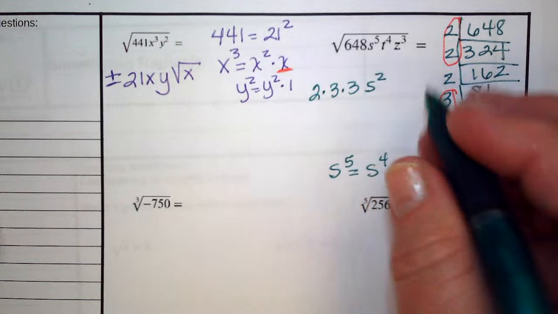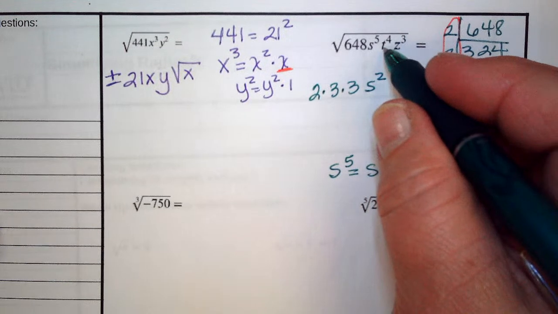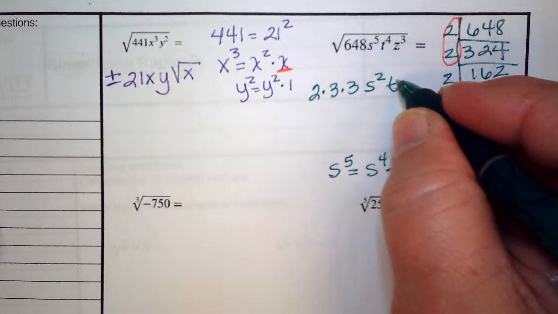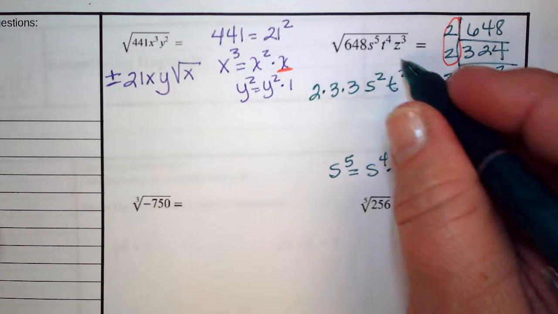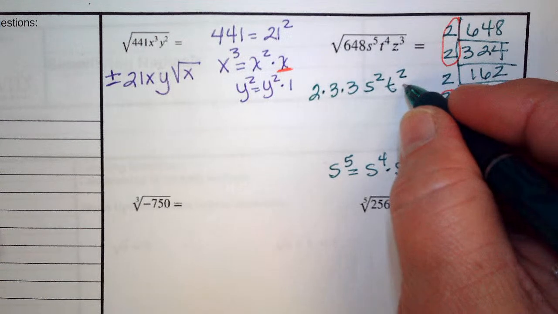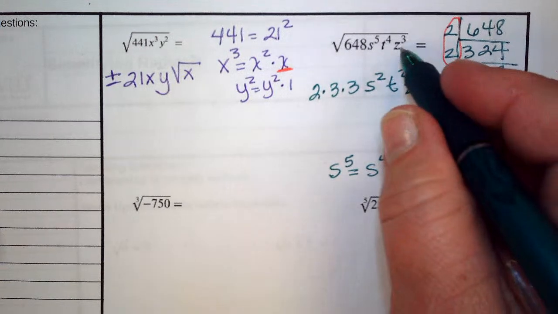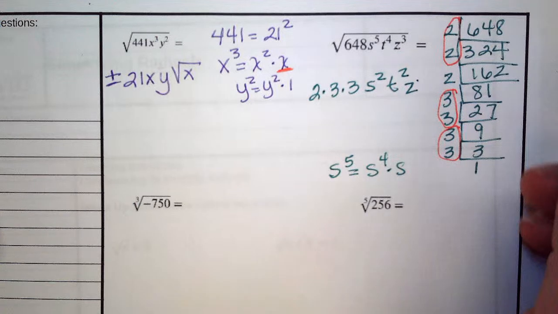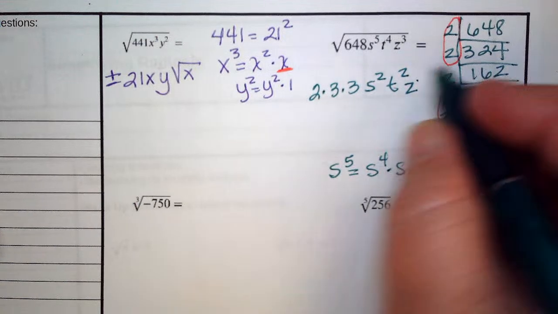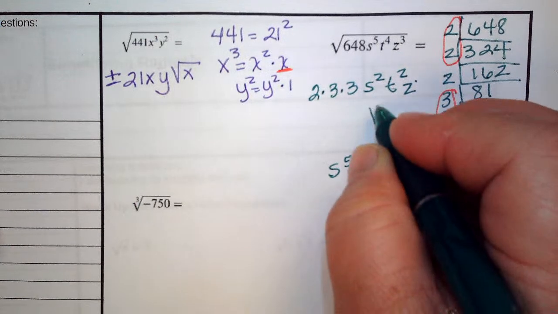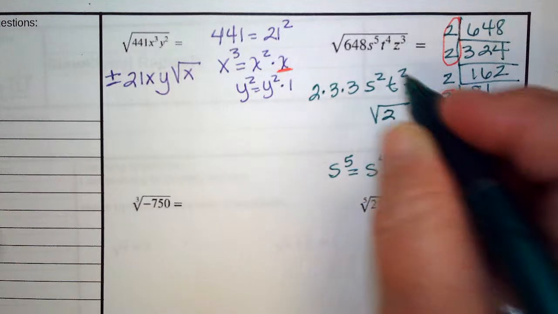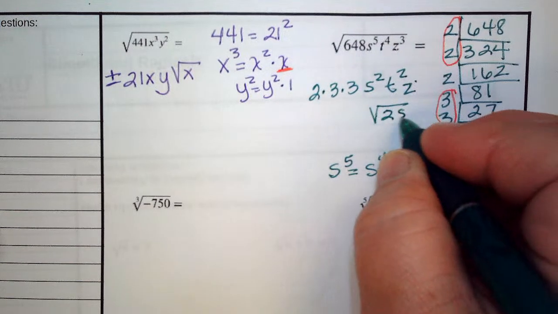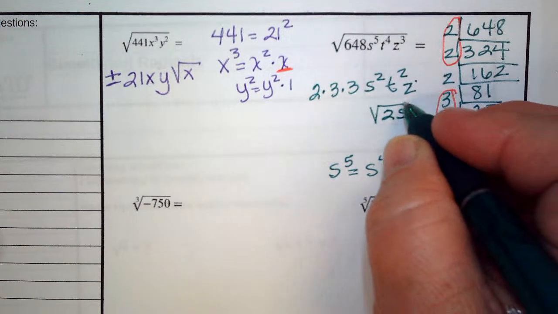And then if I'm looking at t to the 4th, I can bring t squared out. And z to the 3rd, I can bring 1z out, and then I'll have a 1 left underneath. So this will have a 2sz underneath.